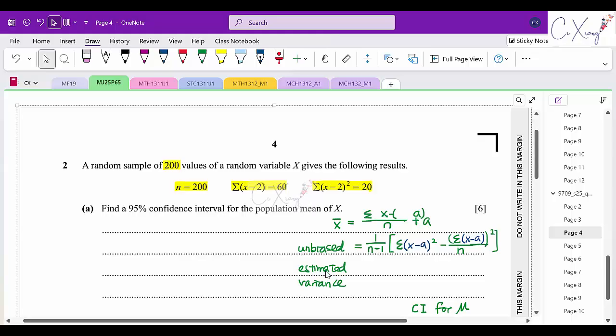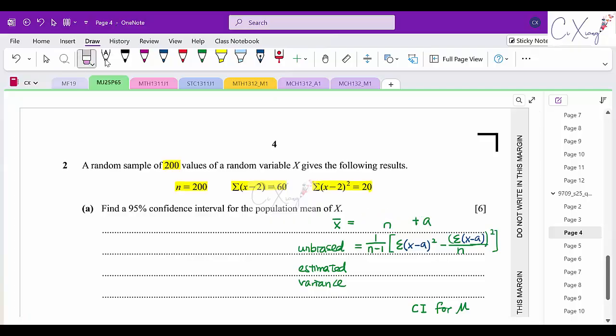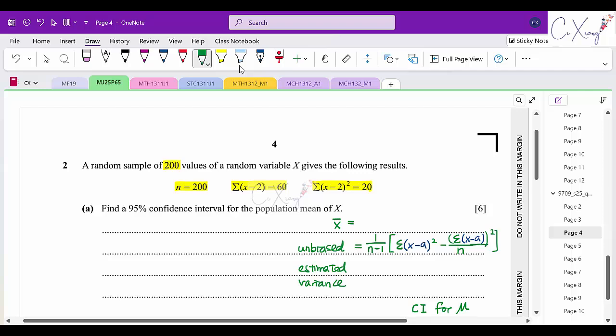Therefore, for any formula that involves the variance or standard deviation, if you want to use the coding method, the formula is still the same, just that you need to modify it from x squared to become x minus a squared. Then similarly, the summation of x you modify to become the summation of x minus a, right? Because basically the spread, the shape of the data, remains the same, although you already minus every single value of x by a, or by 2 in this case.